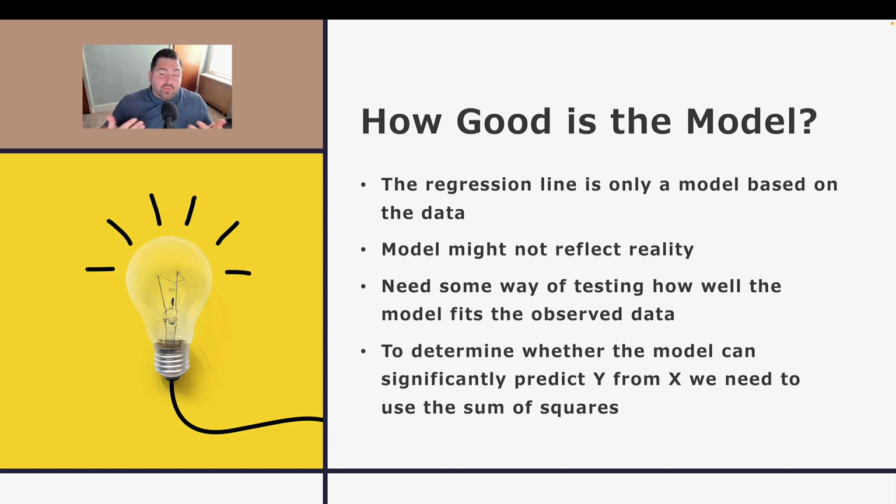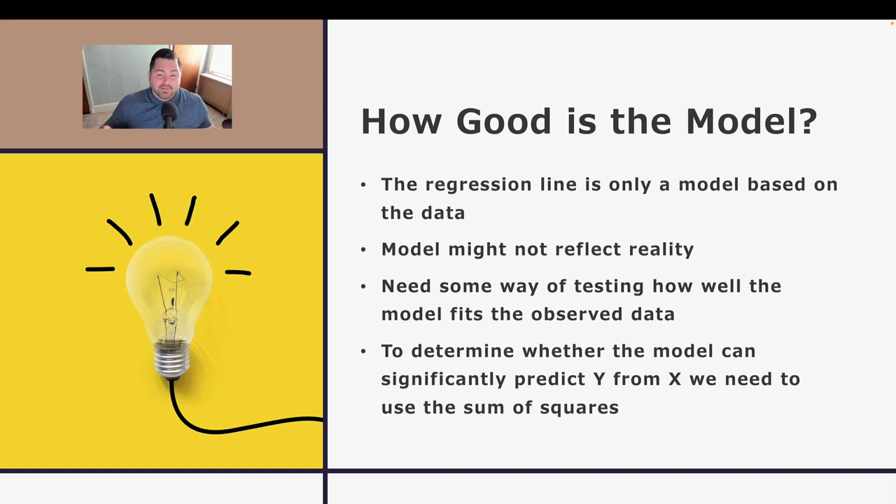And so when we determine how good a model is, this is basically telling us how good is that line of best fit. Is it even good at predicting that Y variable of interest? The model may not necessarily be good at estimating the Y. And in that particular case, do we really even want to use the line of best fit?